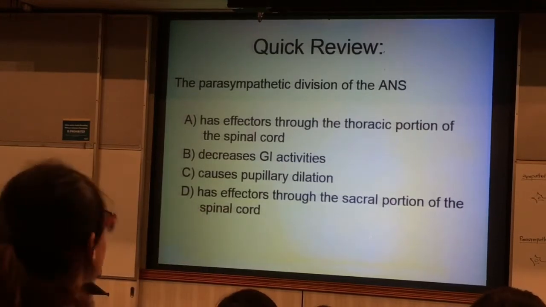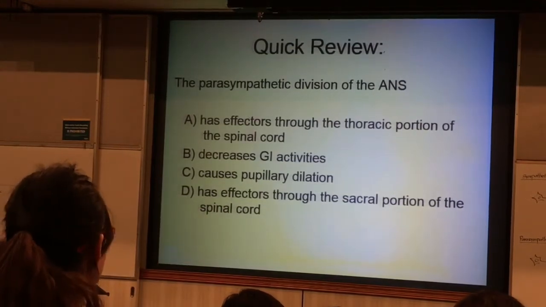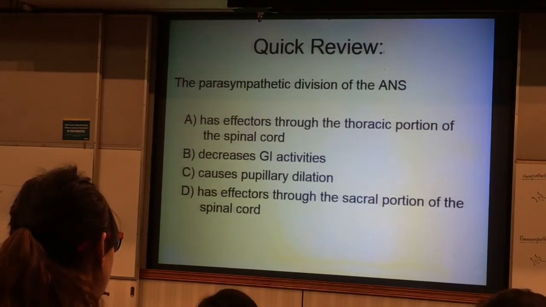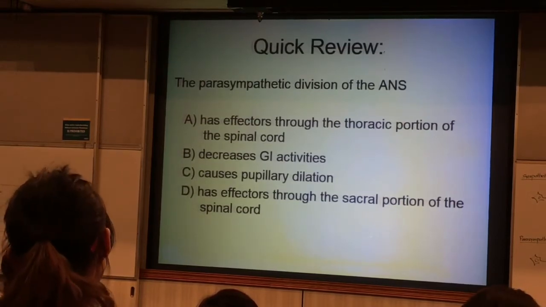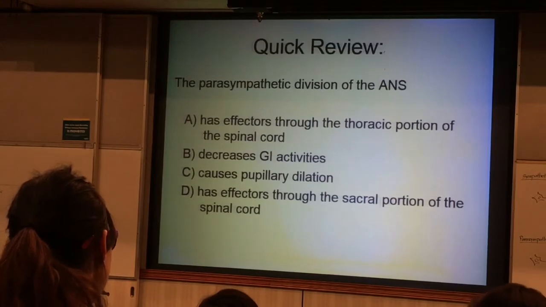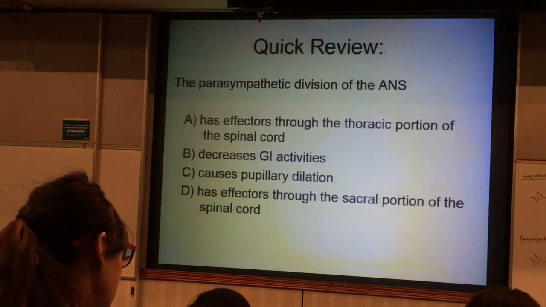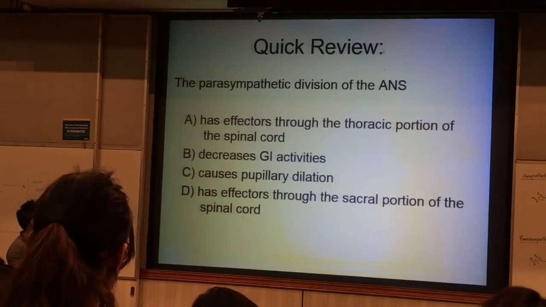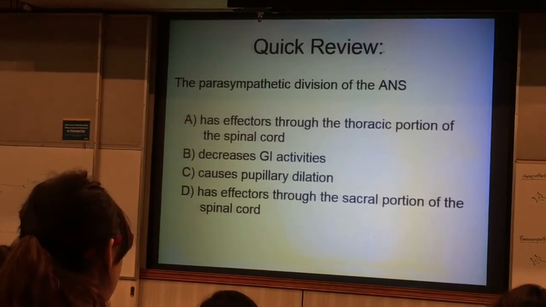Parasympathetic is cranial and sacral, okay? Thoracic, no, that's going to be sympathetic. GI should be increased, pupillary should be constriction. Actually, wait, what? Sorry, I just stopped for a second there. Yeah, it should be pupillary constriction.